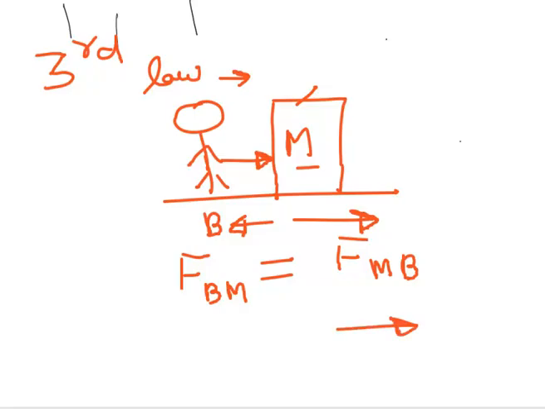The boy is applying force in this direction, and this block of mass M applies force on the boy in this direction. So the force is equal, but the direction is opposite. This is Newton's third law of motion. It means if two bodies are interacting, then they apply forces in opposite directions but equal in magnitude.